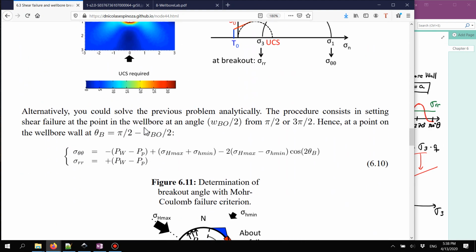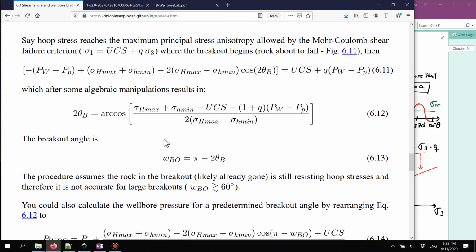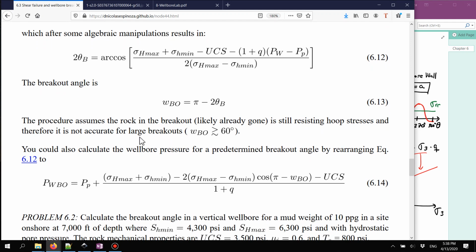Okay, so here you have the same equation, and instead of calculating the breakout angle for a given pressure, I'm reversing the problem, and I'm setting my breakout angle by design.